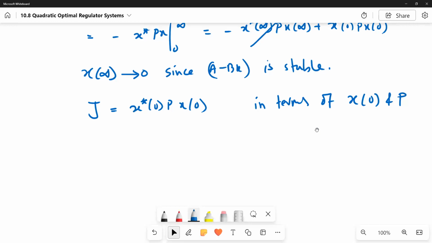Now, to proceed with our quadratic optimal control problem, we can assume that R can be written as T star T, where T is a non-singular matrix.